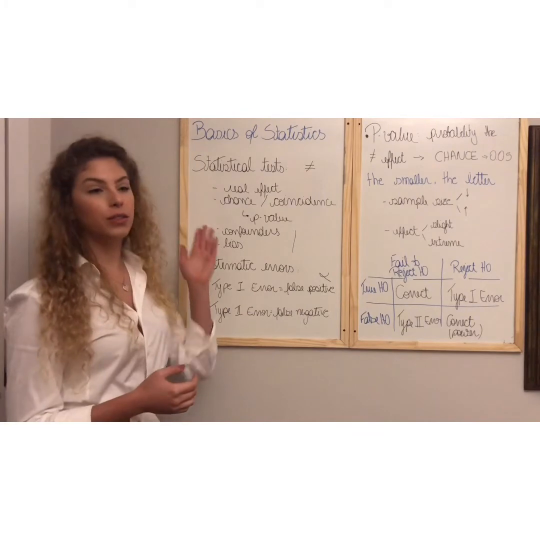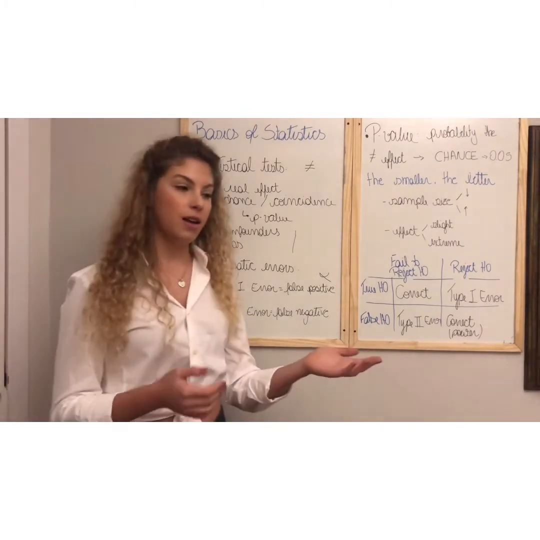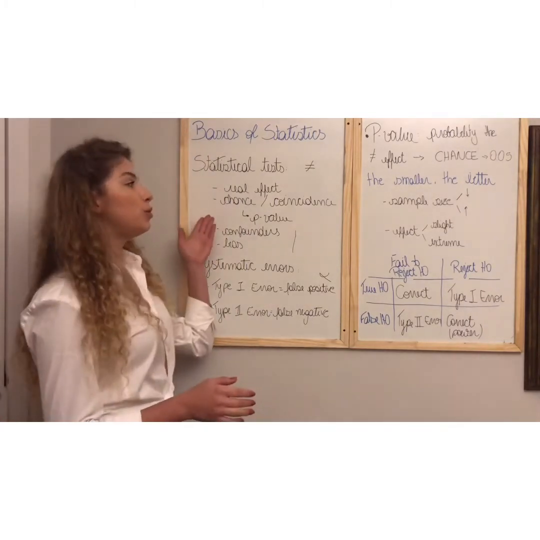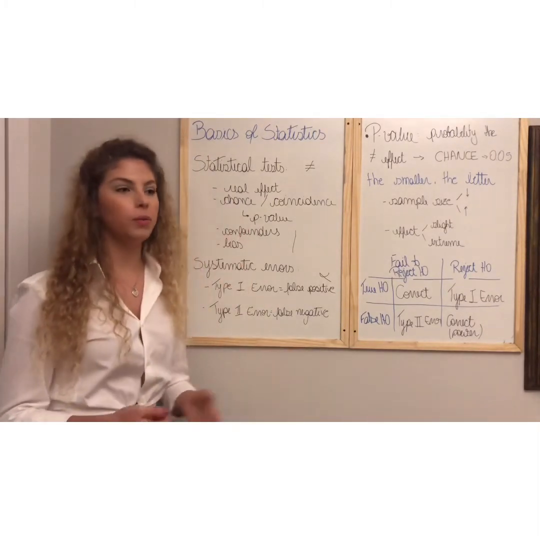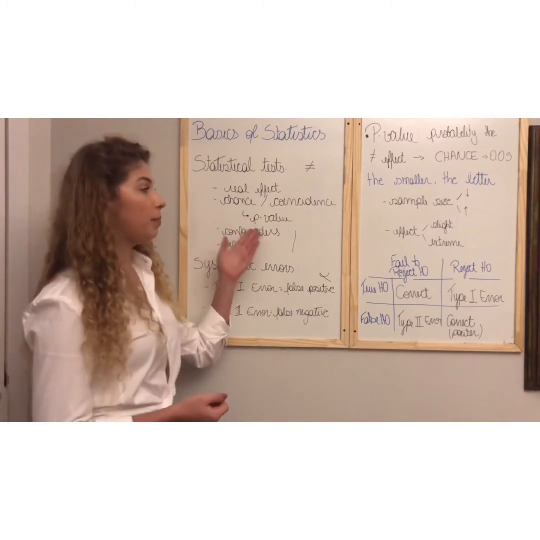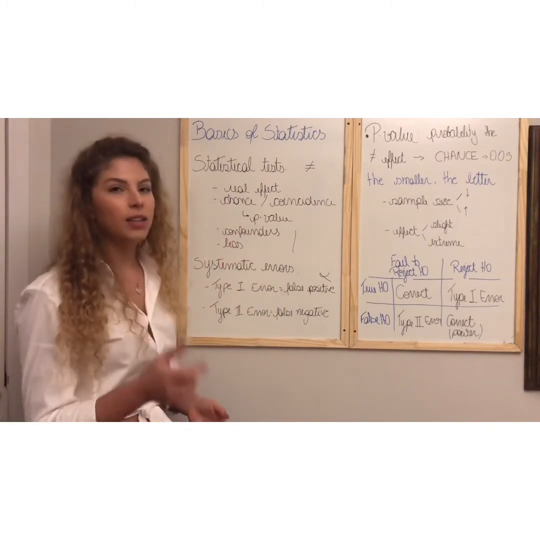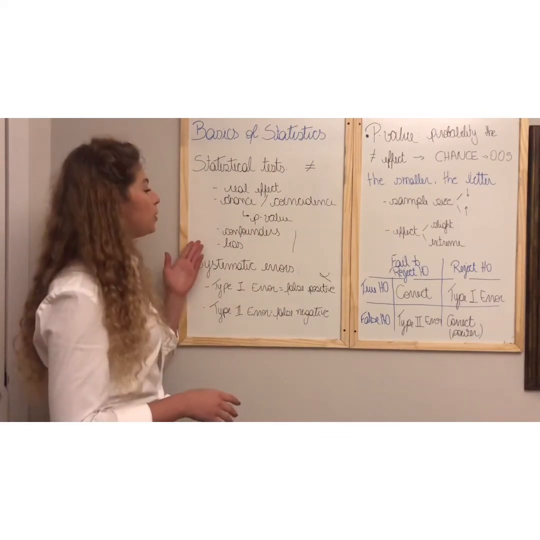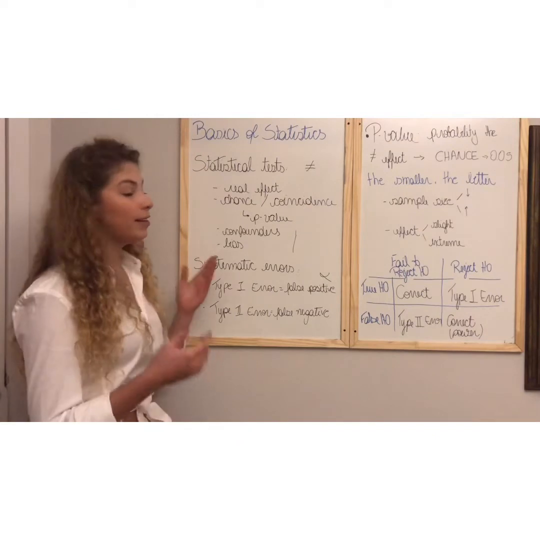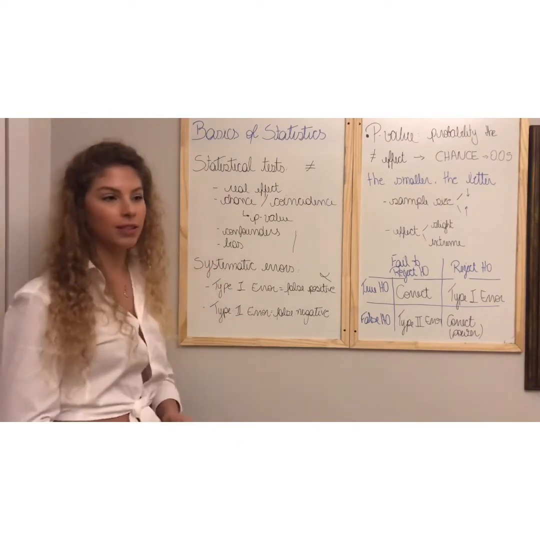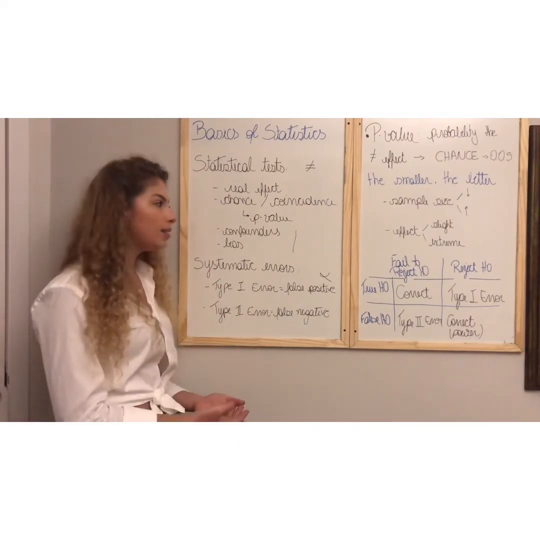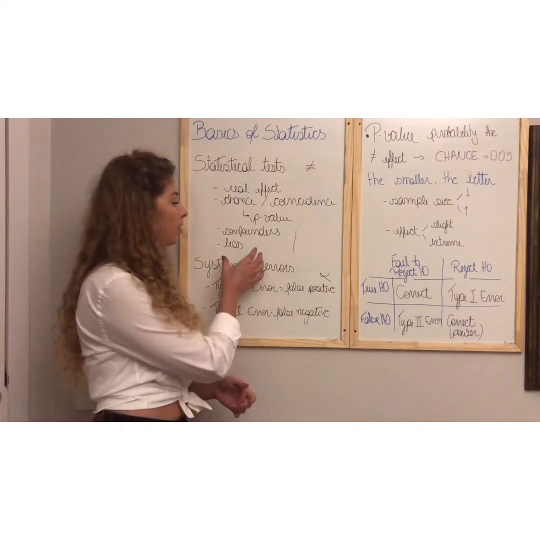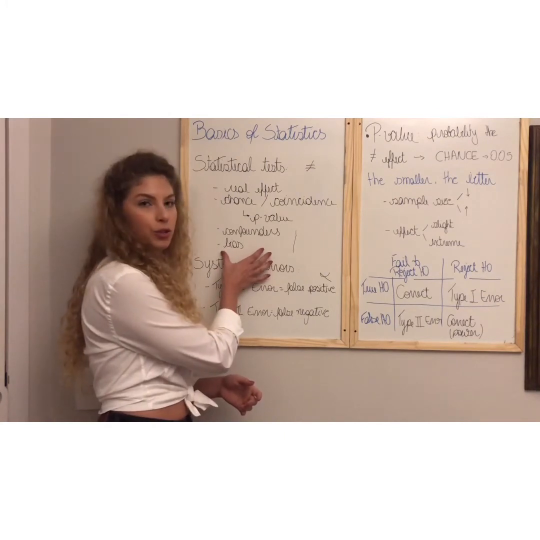The real effect, so I can say that drug A has a different effect from drug B; chance or coincidence, so that is why we have the p-value, we have to have a range of acceptable errors; or confounders or biases. And here guys it is important to emphasize that statistical tests do not account for these two factors.